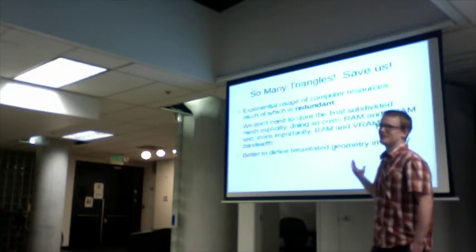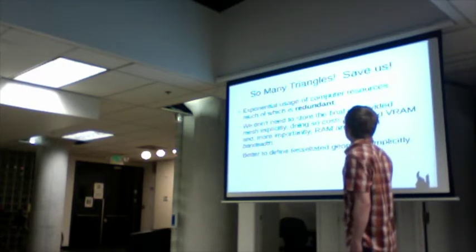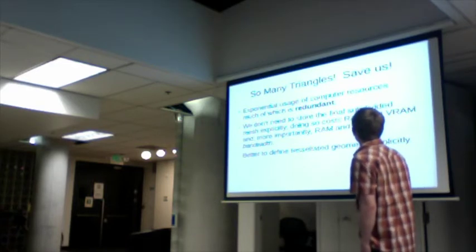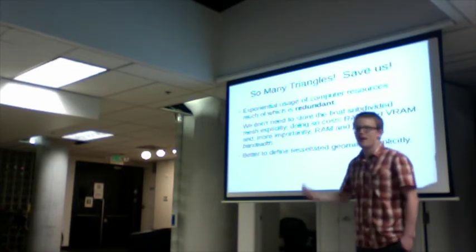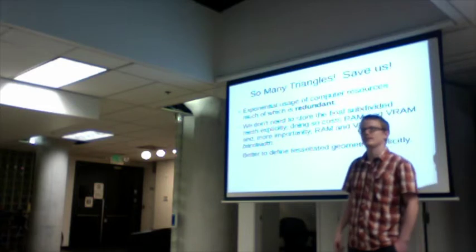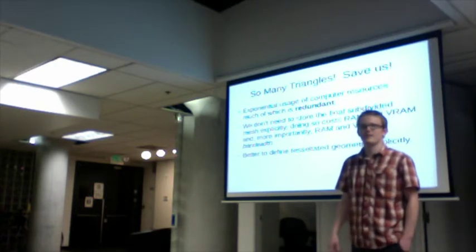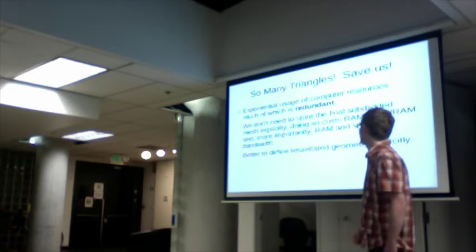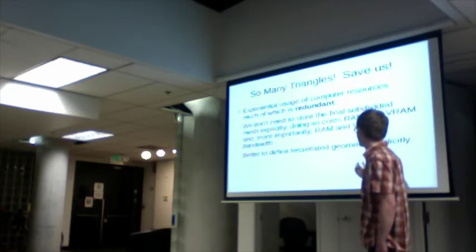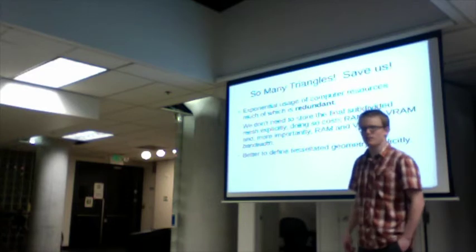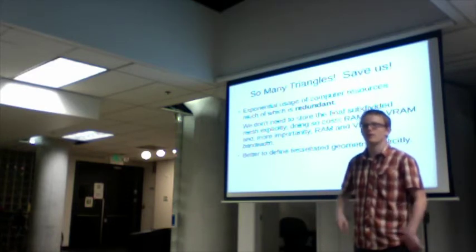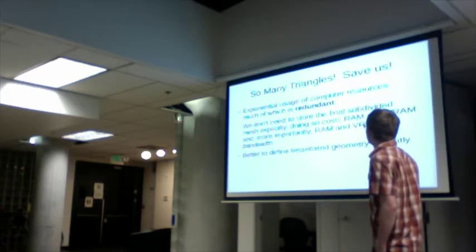This, unfortunately, has problems. You're wasting your computing resources. We don't need to store the final subdivided mesh explicitly. Let's face it, even DRAM is horrifically slow. It's better to limit the amount of geometry that we're storing and moving around main memory and across to the GPU.